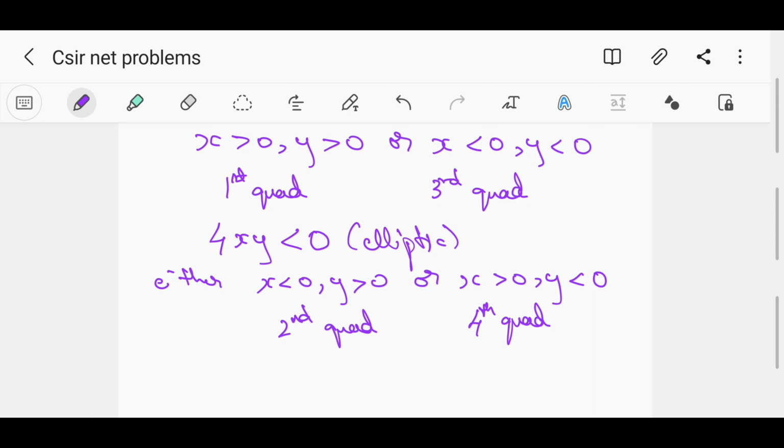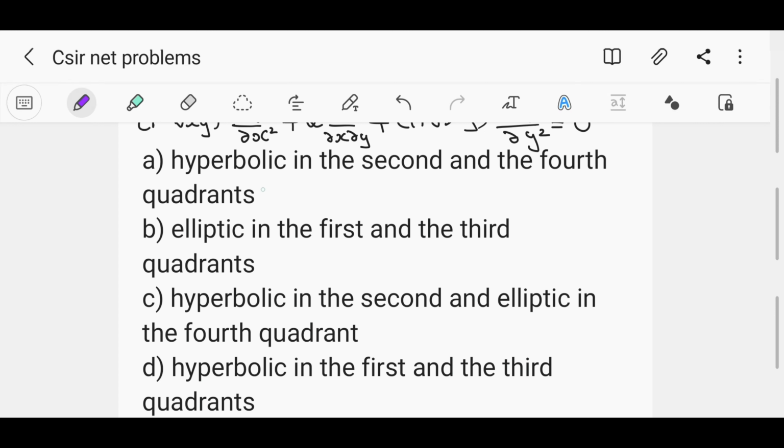Let us check with the options. Just remember two things: hyperbolic in the first and the third quadrants, elliptic in the second and the fourth quadrants. We will check the options now. The first option is hyperbolic in the second and the fourth quadrants. No, that is wrong. Option B, elliptic in the first and the third quadrants.